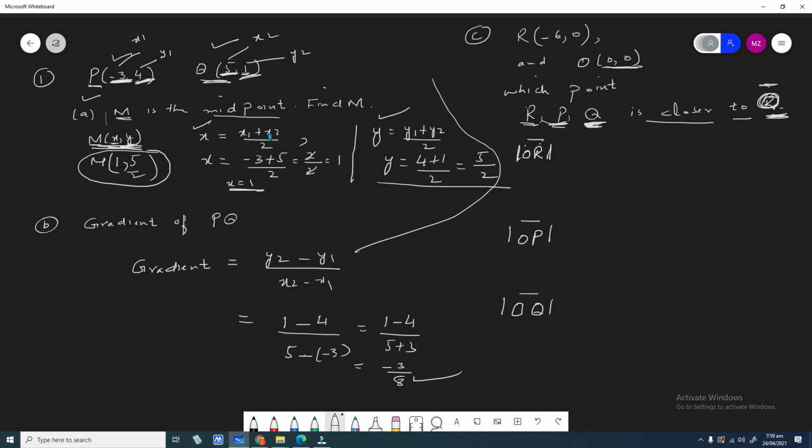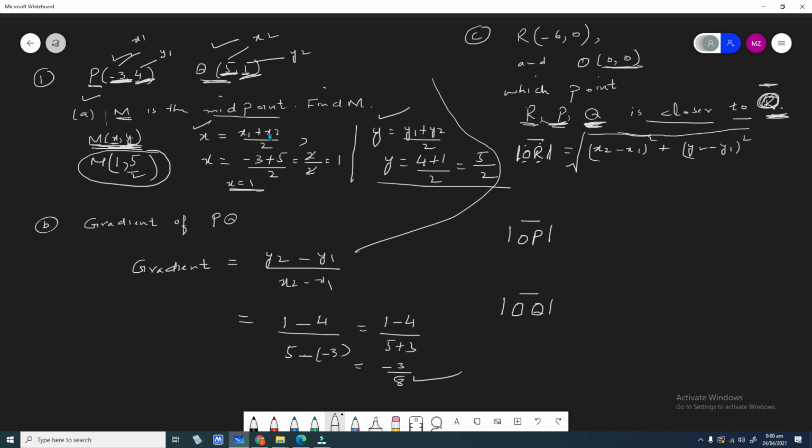Here it is a question of finding the distance between O and R. We know that in order to find the distance between two points, we use the distance formula, which is the square root of (x2 minus x1) whole squared plus (y2 minus y1) whole squared. This is the formula for finding the distance between any two points.